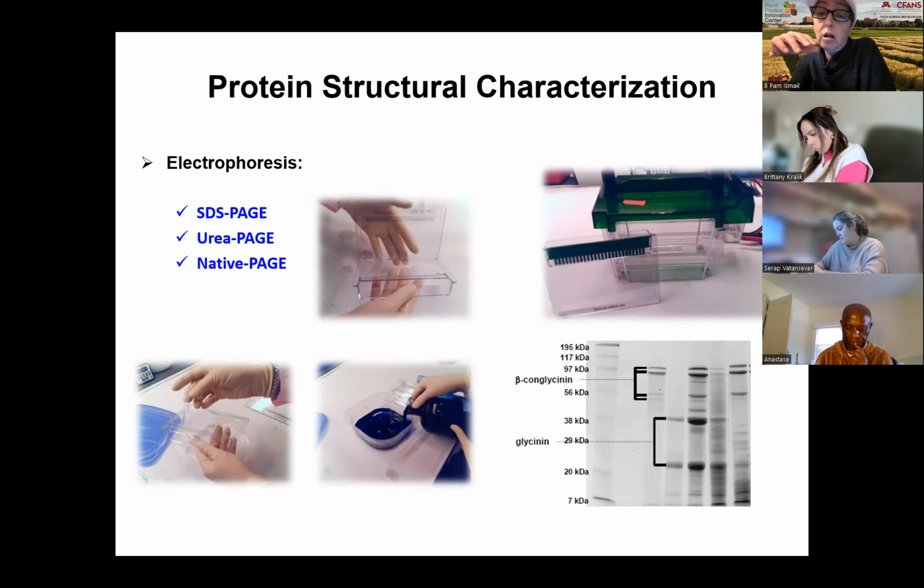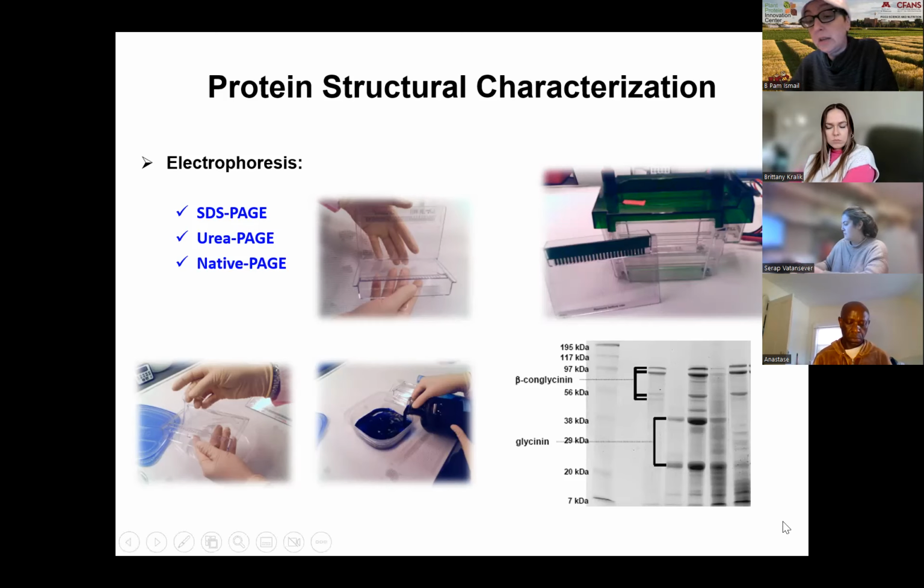We use gel electrophoresis to look at different protein bands, to look at polymerization once we use BME, which is the reducing agent. We also, for example, in this case, look at hydrolysis of the protein by different enzymes. We will see that some enzymes target one type of protein versus another enzyme targeting another set of proteins.